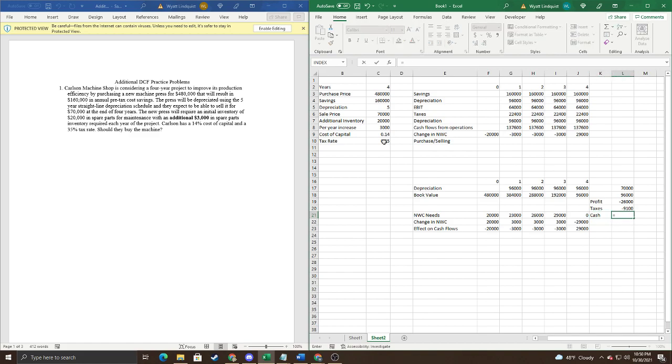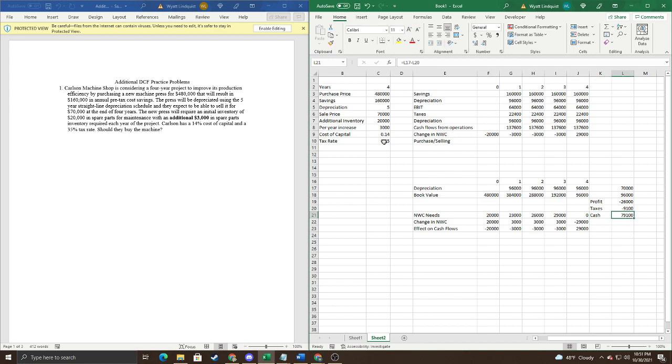cash flow. So what we're going to do is we're going to do the 70,000 plus or minus the taxes that we paid on it.